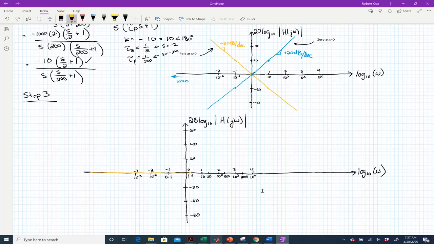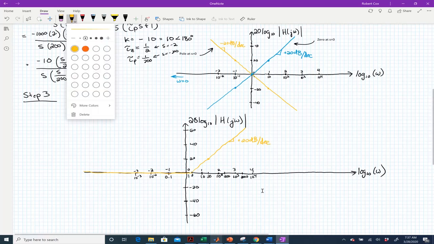As I go 1 decade further, from 2 to 20, I'm going to rise up to 20 dB. And as I go from 20 to 200, I'm going to rise up to 40 dB, like that, and keep going. So this guy is going up at plus 20 dB per decade.